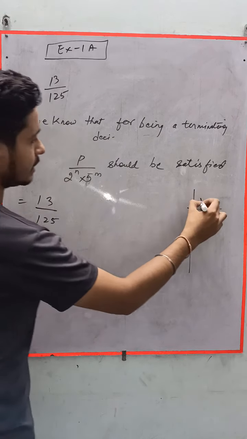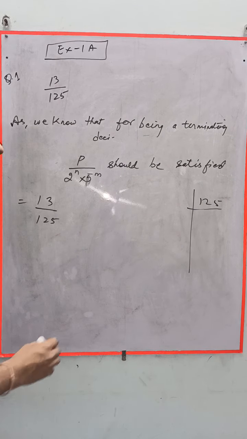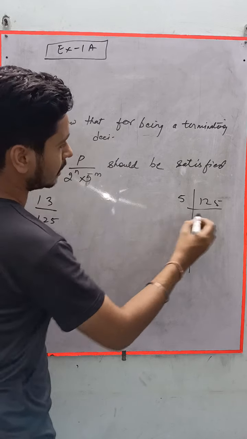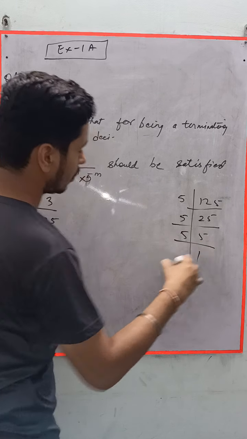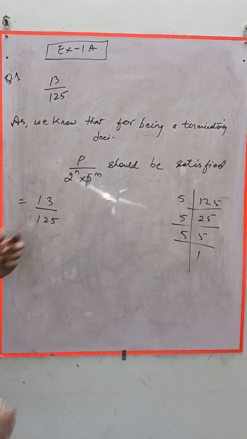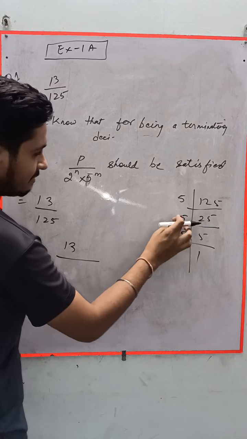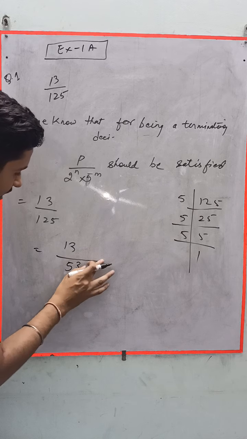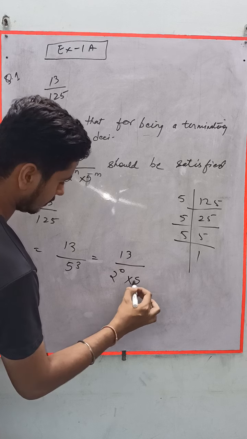On the side you can just find the factors of 125. Starting with 25, it will give you 25, 5, 5, 1. Now see, here 125 is 5 into 5 into 5, which is 5 cube.